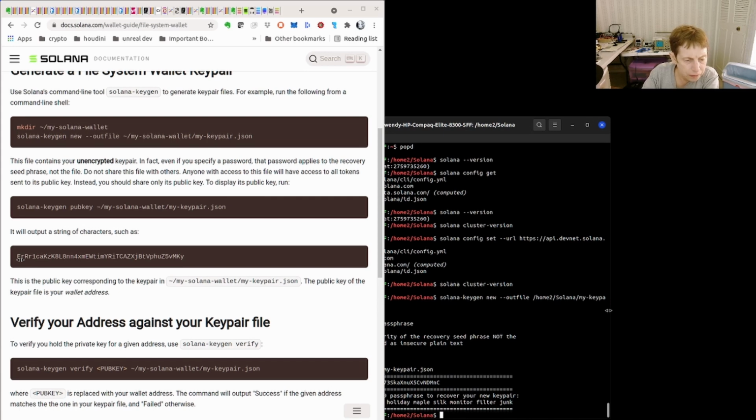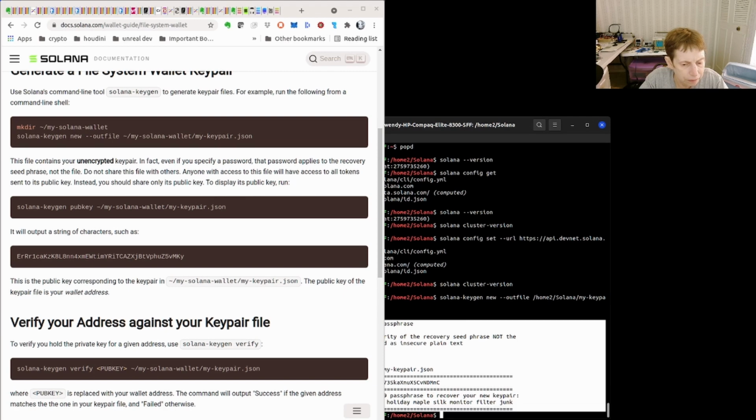Okay. I'm just going to copy all this. Again, let me reiterate, if it is something you're going to use with real money, you want to put that other security on there. So now you have a wallet.